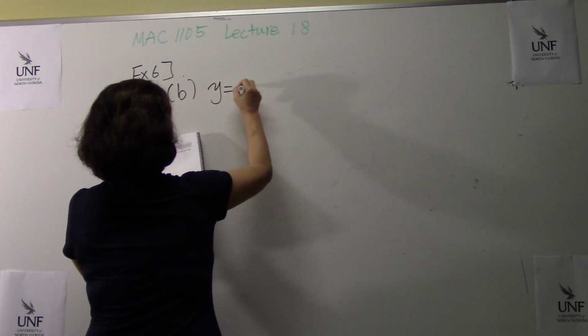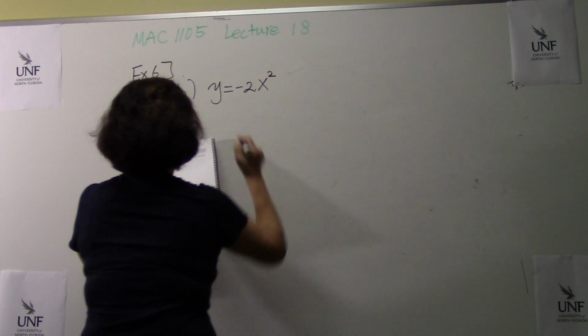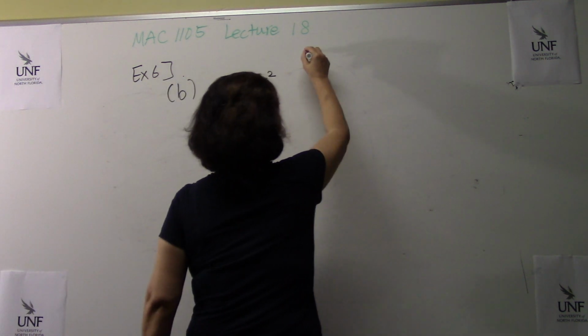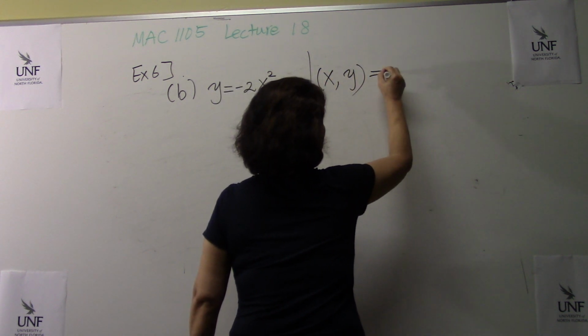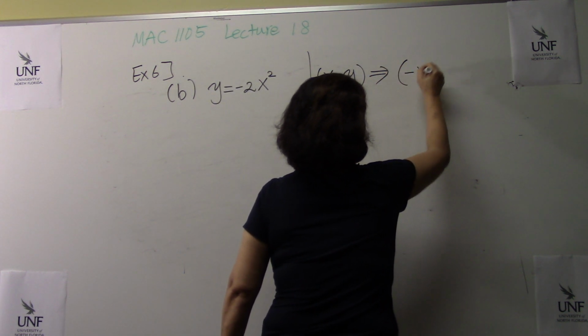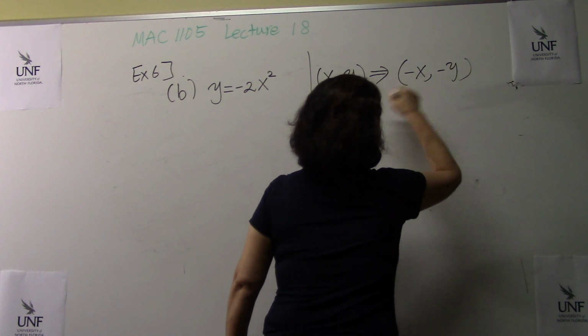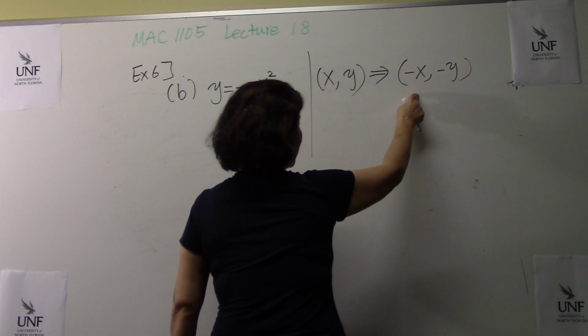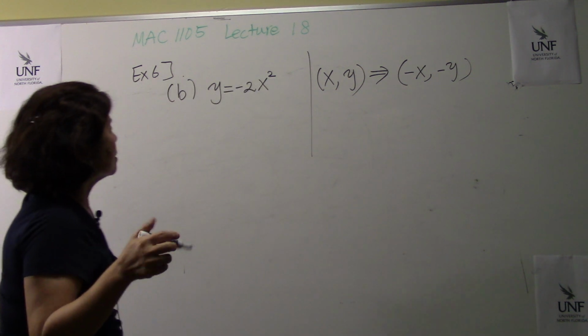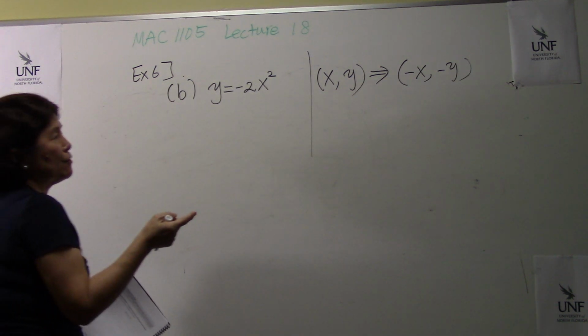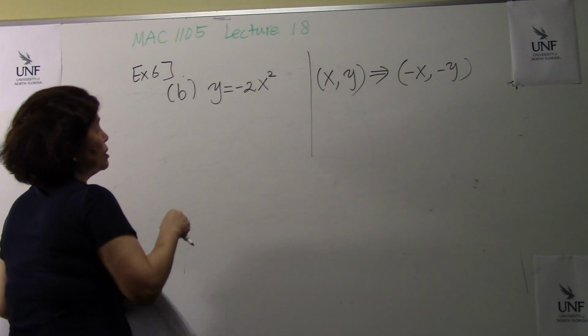Again, I'm going to write down: if x and y are on the graph and negative x comma negative y is also on the graph, that means the graph is symmetric about the origin.